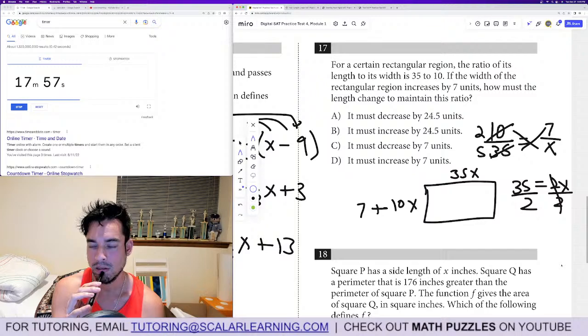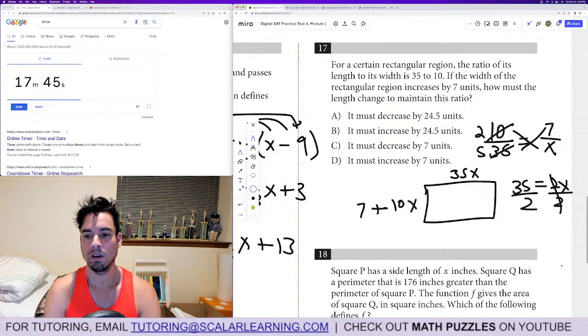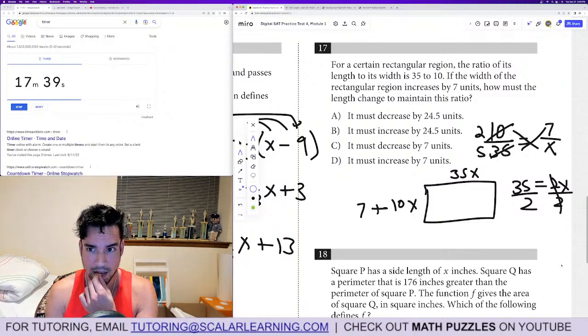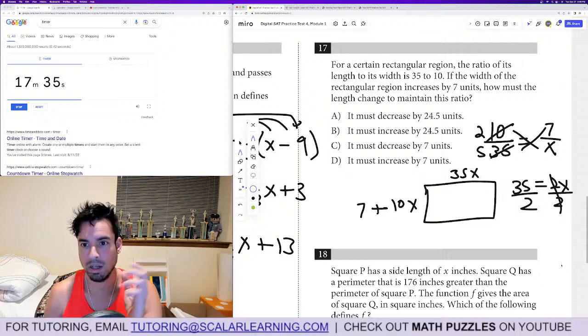The width. Maintain the ratio. Wait a minute. Maintain the ratio. Uh-oh. Because I just got, wait, that can't be right because I'm adding 7. Hold on.